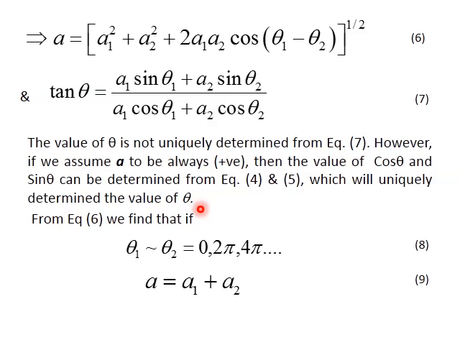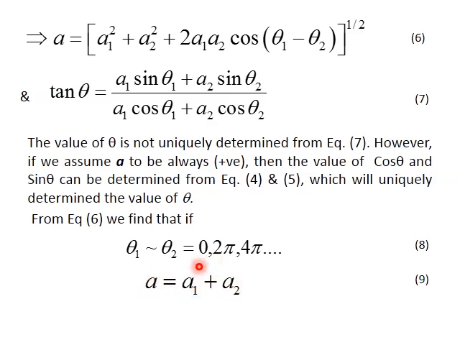Now from equation 6 we see that if the difference θ1 − θ2 is 0, then cos 0, which is 1, gives A² = A1² + A2² + 2A1A2. So I will have A equal to the square root of A1² + A2² + 2A1A2, which is (A1 + A2)², so A will be A1 + A2.